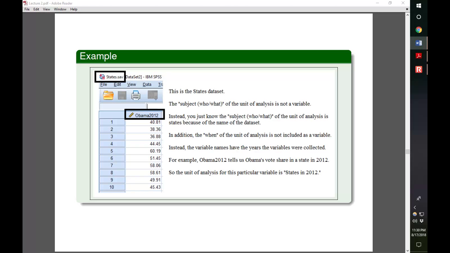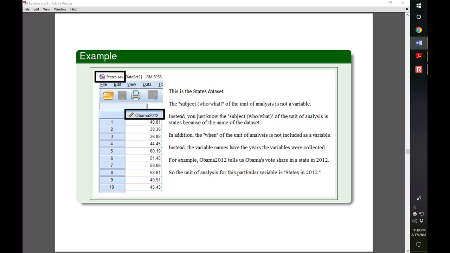Here's an example of a data set where it's not clear exactly what the specific unit of analysis is for the data set. The subjects of the unit of analysis is not included as a variable name, but the name of the data set is states, and all the data is from the United States, so it is acceptable to assume that the subject of the unit of analysis is the U.S. states. Also, there is no variable in the data set with the time frame in it.